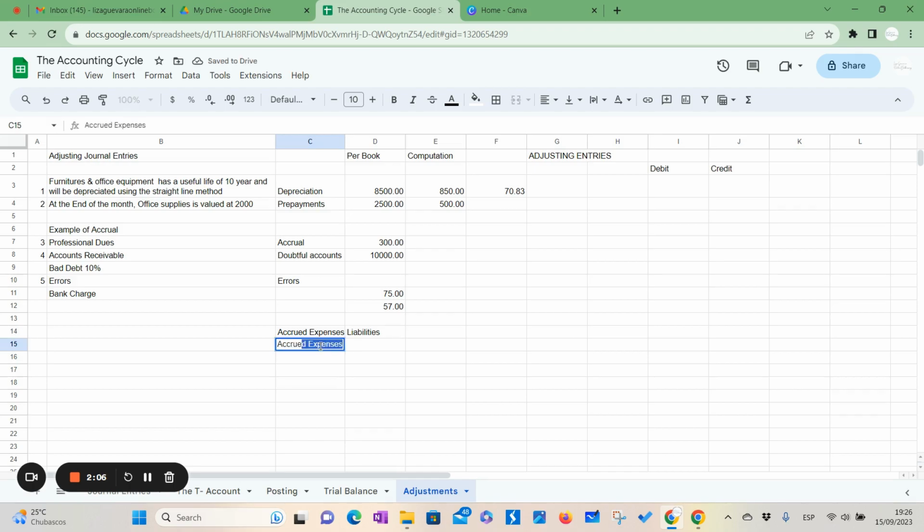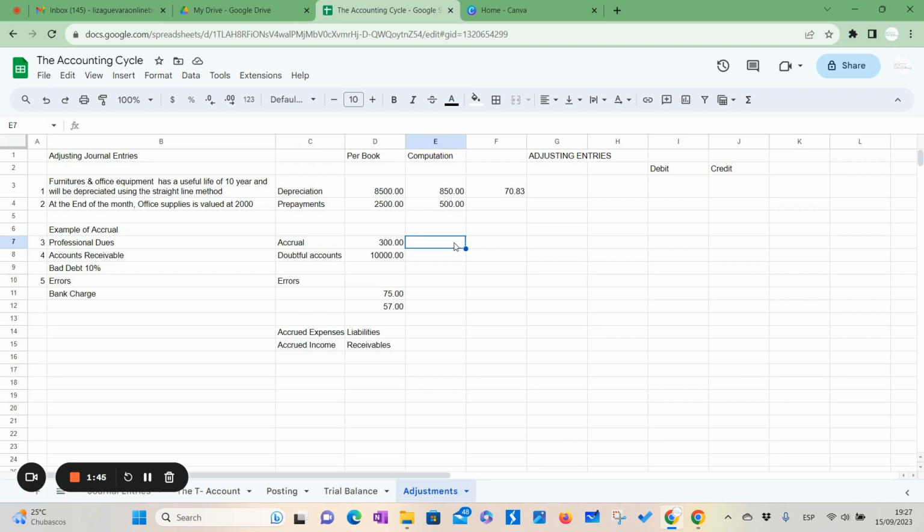Accrued income, on the other hand, is already earned but not yet received, so these are receivables. For this one, this is an accrued professional dues.